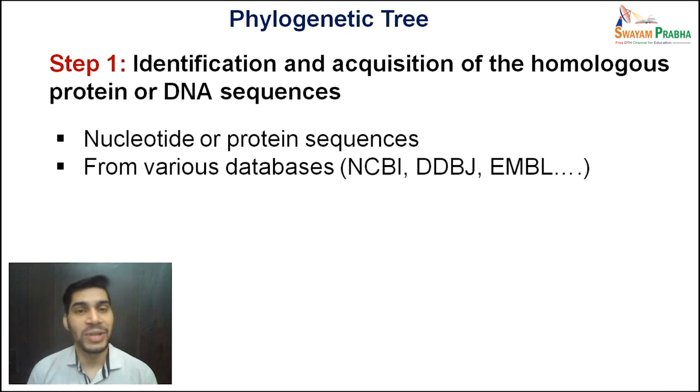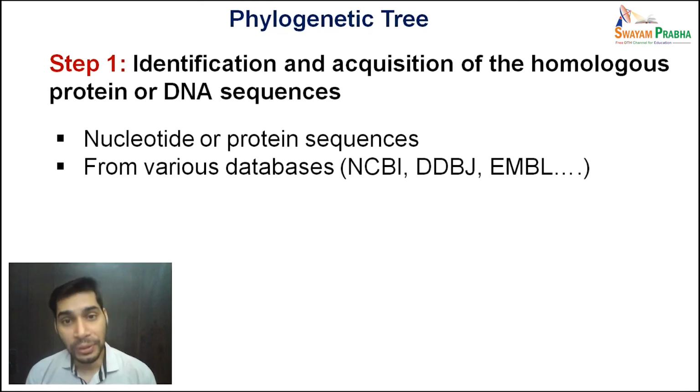So starting with the first step, which is the identification and acquisition of the homologous protein or DNA sequence. We need to select one of the protein or gene or DNA sequences which is homologous. You must be aware of the homologous sequences which we have discussed in the previous lectures.